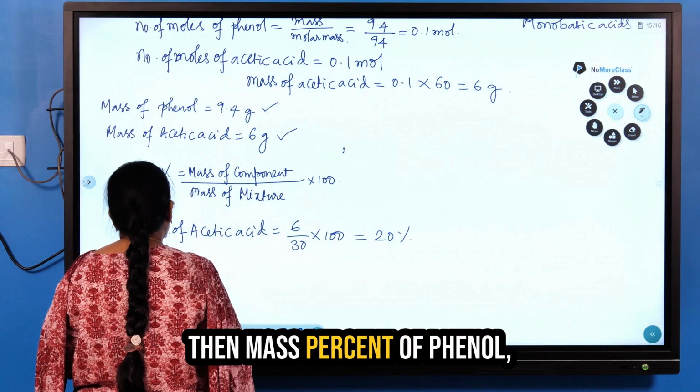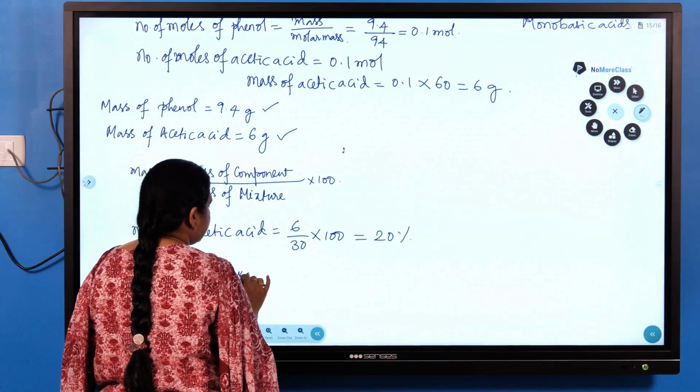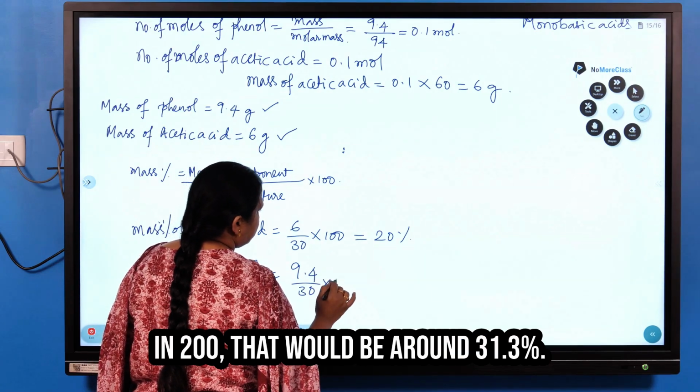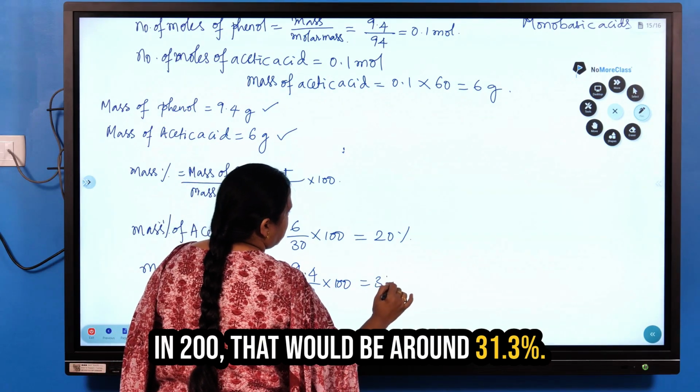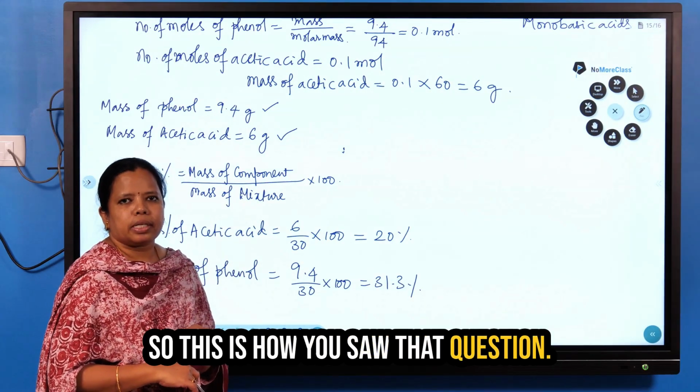Mass percent of phenol is 9.4 by 30 into 100, which is around 31.3%. So this is how you solve the question. Thank you.